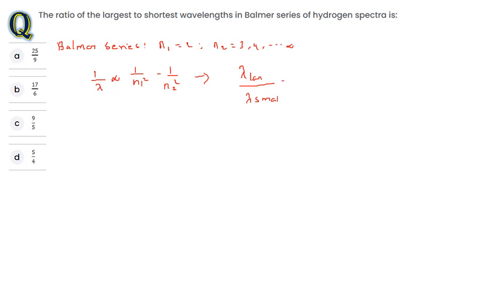So lambda largest here is 1 by 2 square minus 1 by infinity square, and the smallest one is 1 by 2 square minus 1 by 3 square, the immediate one. So this value here is 1 by 4, and this value here is 5 divided by 36. So what you are going to have here is 9 divided by 5. So the answer in this case is 9 by 5.